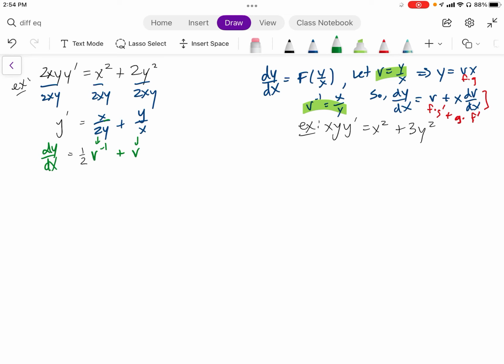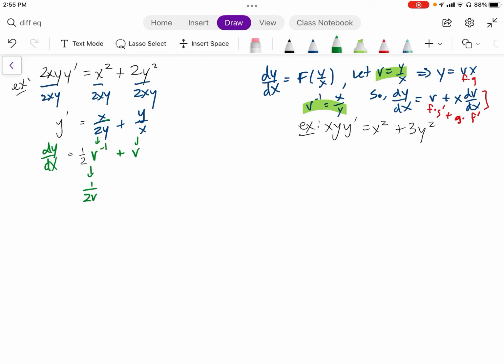Sometimes it will be appropriate to leave it as v to the negative 1. Also, keep in mind this is equivalent to just 1 over 2v. In this particular one, we're going to want that, because how do you proceed from here? If I just move the dx and then divide by 1/2 v to the negative 1 plus v, that's kind of ugly. So let's clean it up.